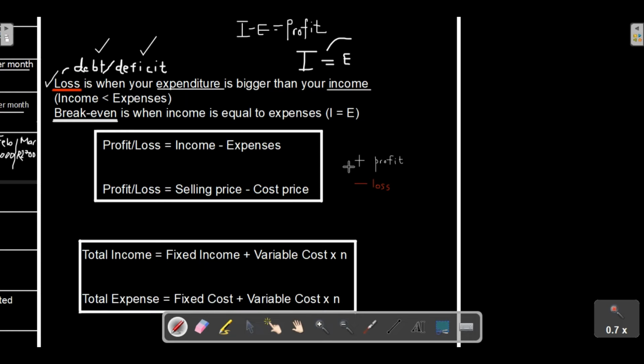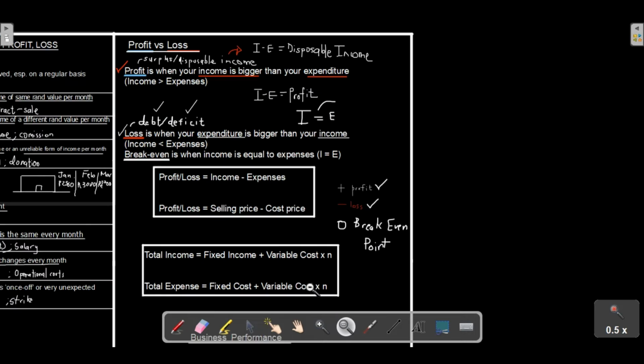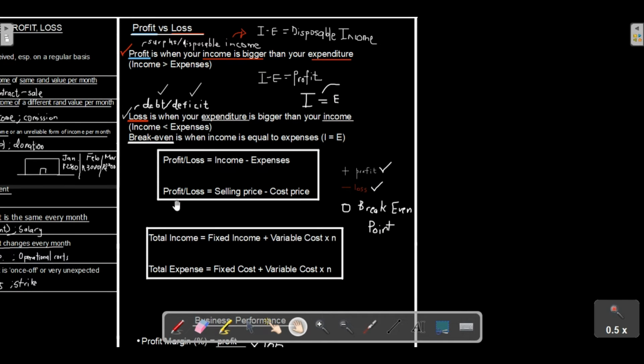If the answer you get is positive, then you have made a profit. But if you get a negative answer, then that's a problem because you've made a loss. If you actually get zero, then that is the break even point. It's very important, guys, that you master all of these concepts and formulas. Remember all of these formulas.